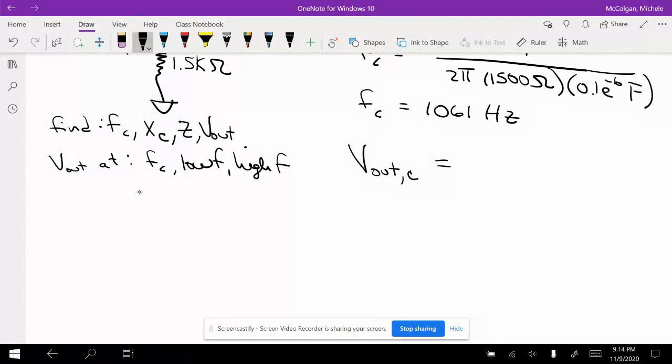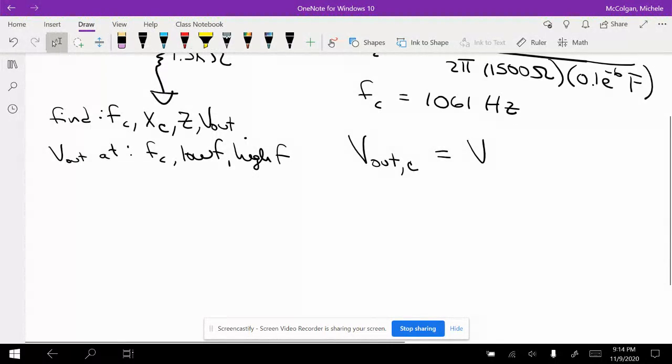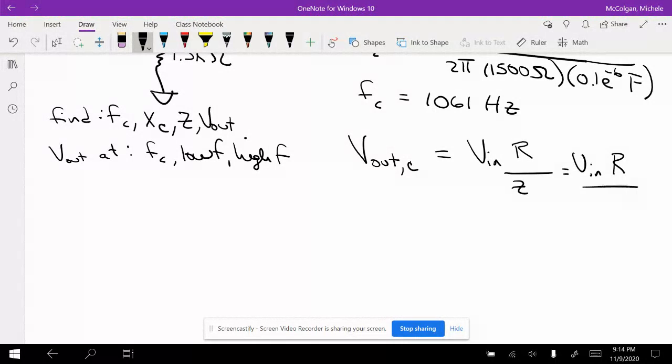And so that's going to equal V in times R over Z, which is equal to V in times R over the square root of R squared plus XC squared. But at FC, we know that R is equal to XC.